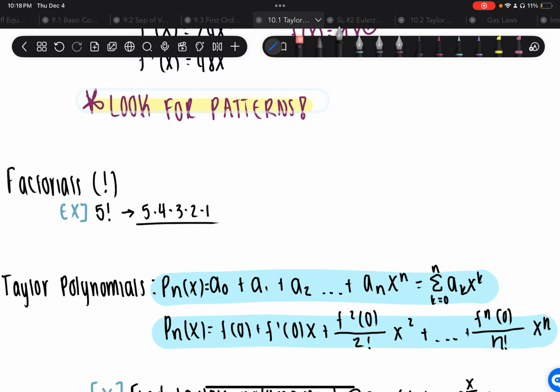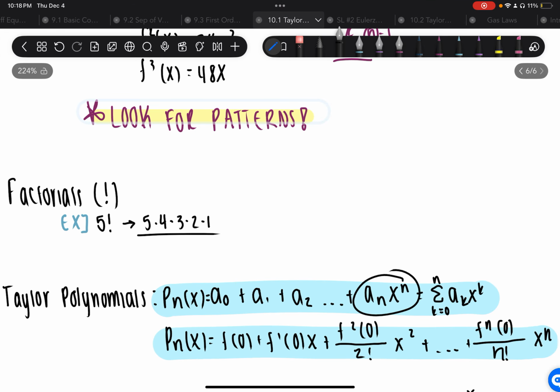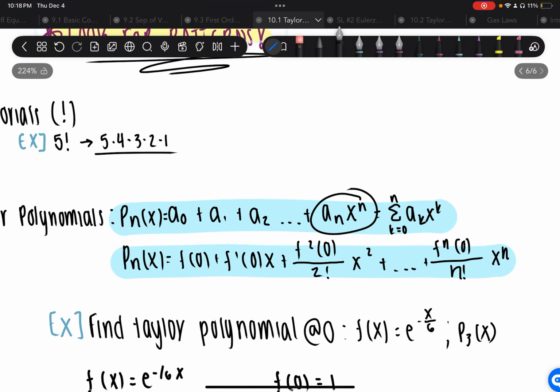So we have a of 0 plus a of 1 plus a of 2 and so on, plus a of n x to the n, and this right here is why it is so important that we need to be able to look for patterns. Okay, let's get into a problem.